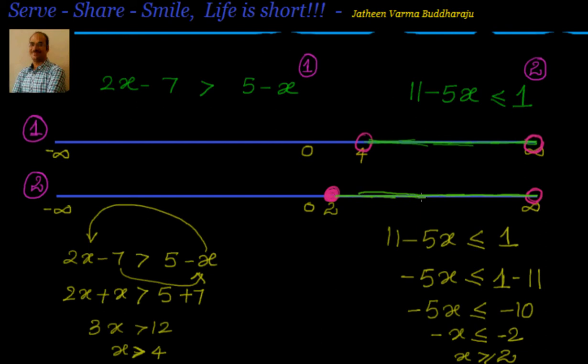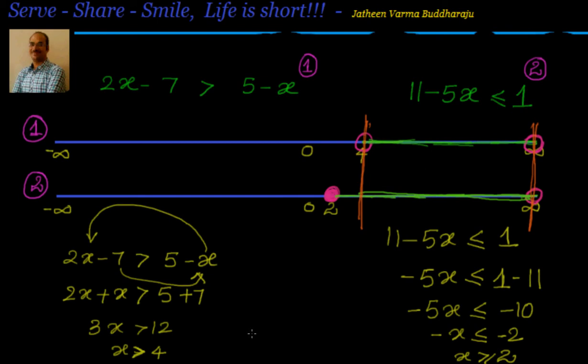Now what you have to do is find a solution which is common to both of them. You can see one is greater than or equal to 2, another is greater than 4. So the common solution will be nothing but this part, starting from 4 onwards to infinity.